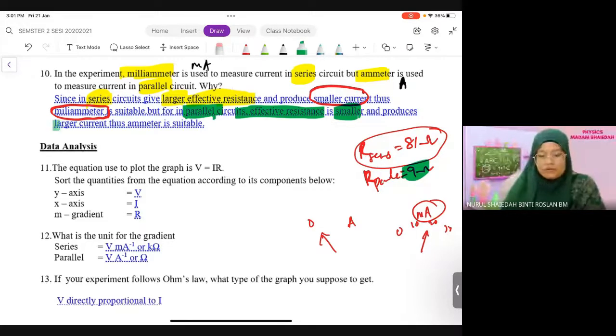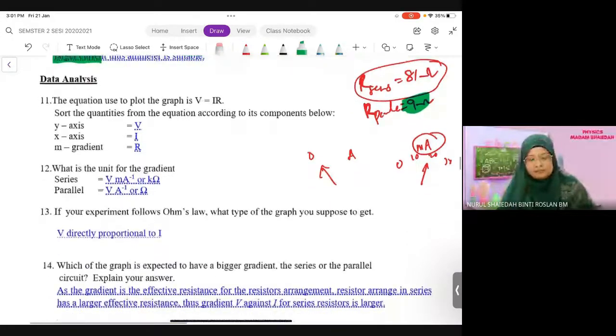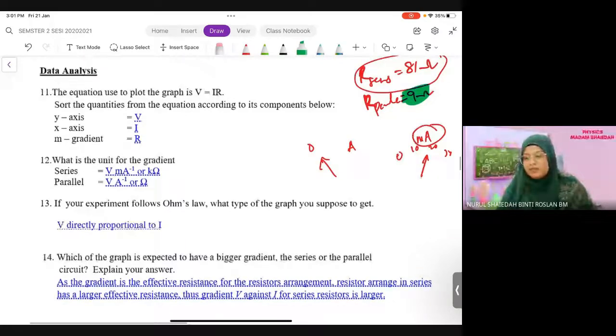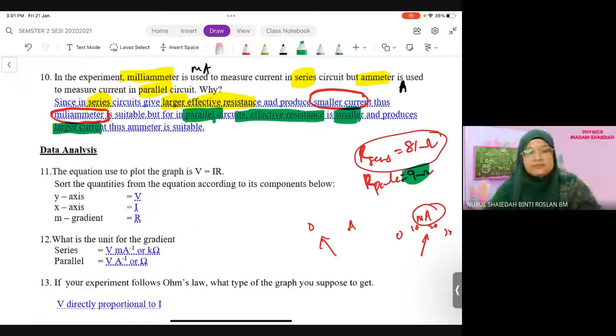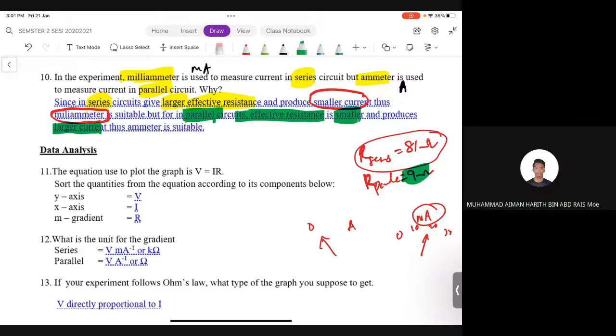So that's why dia akan produce large current. So large current adalah lagi suitable. Okay. Boleh? Boleh tak? Boleh, madam.